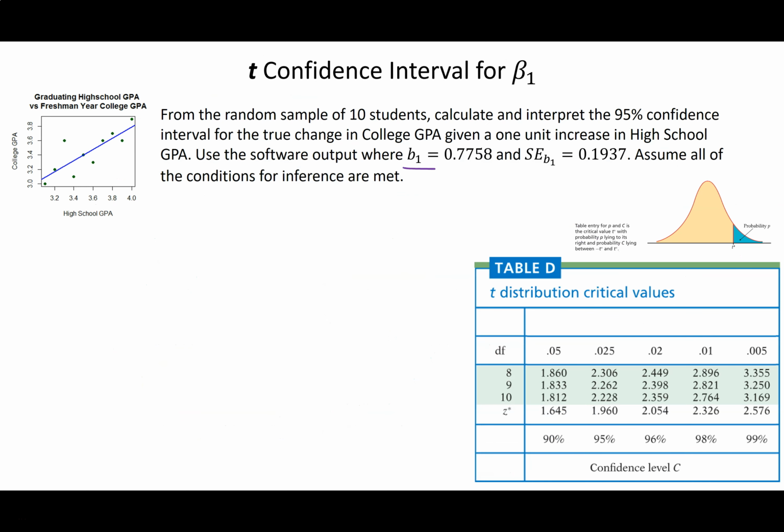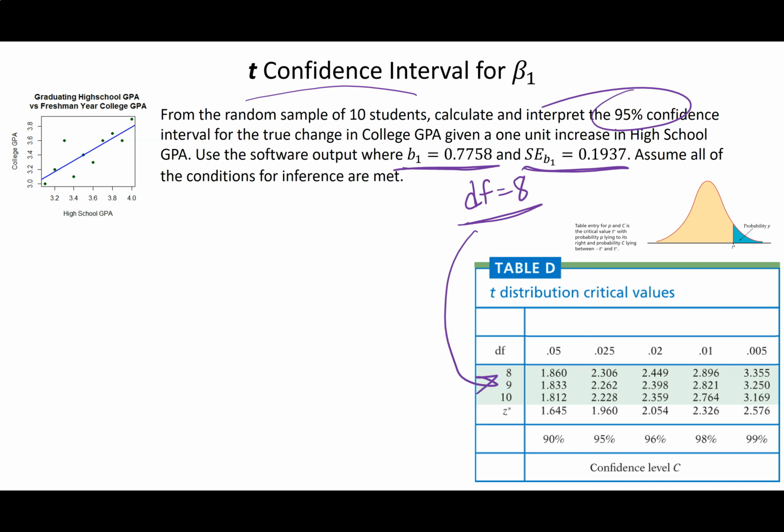So here's my estimate for B1, here's my standard error here, and my degrees of freedom are 8, and I want, so from the random sample of 10 students, calculate and interpret, that's not quite a word, huh? 95% confidence interval for the true change in college GPA given a 1 unit increase in high school GPA. So degrees of freedom 8 tells me which row to look at.